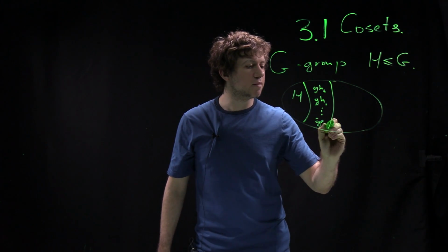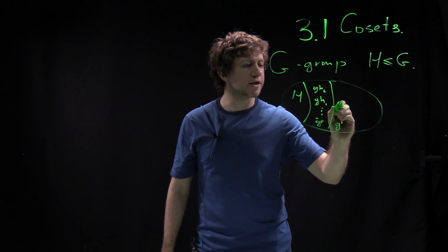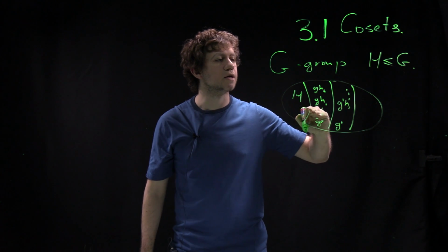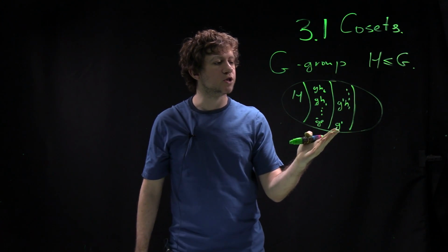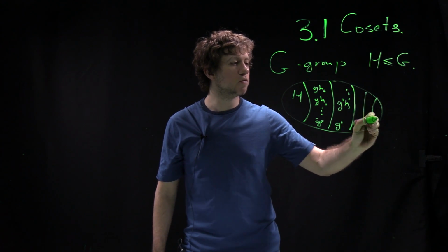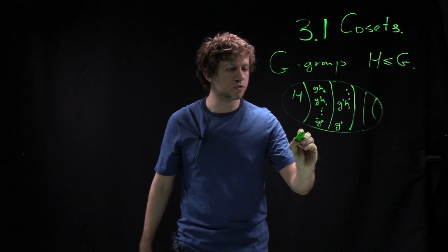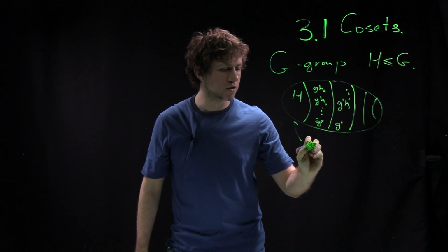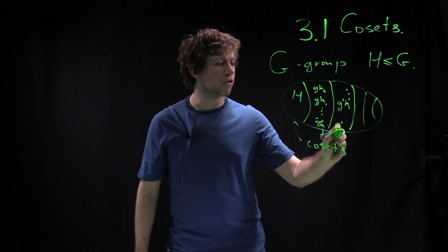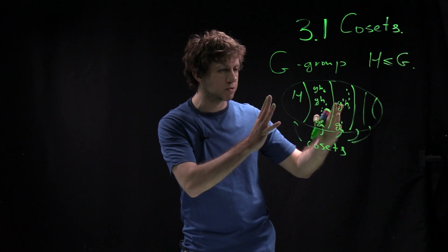Then I can take some other element, g prime, and start multiplying it on all elements of H again, and I get another class of elements, which is g prime shifted by all elements of H, and so on. And so I can partition my group in this way. And these classes are called cosets. Of course, in a second I will define a certain equivalence relation, and these will be classes of equivalence.